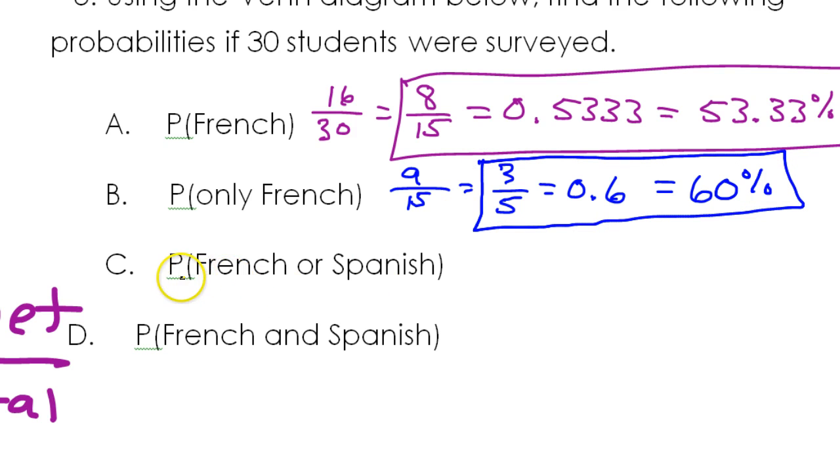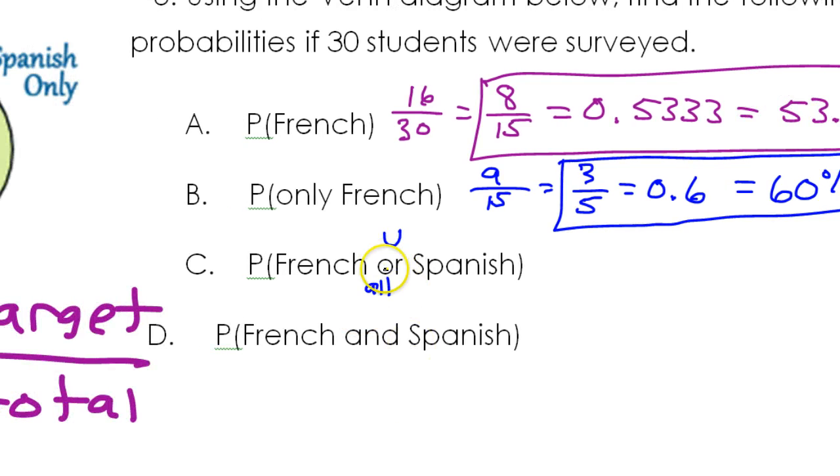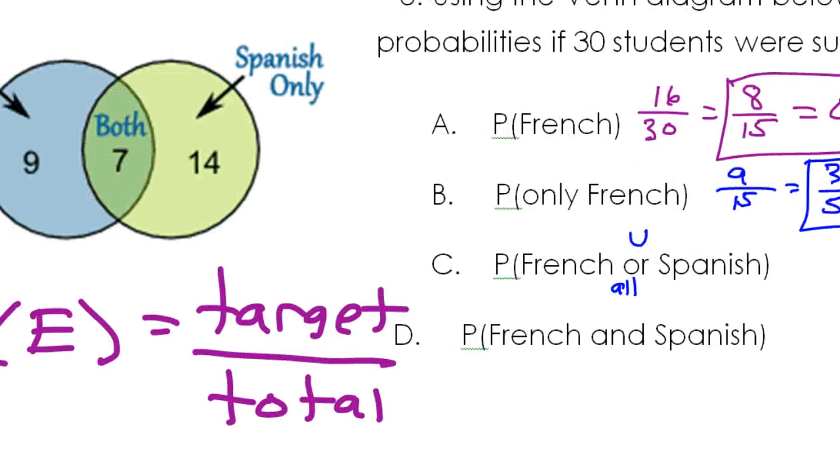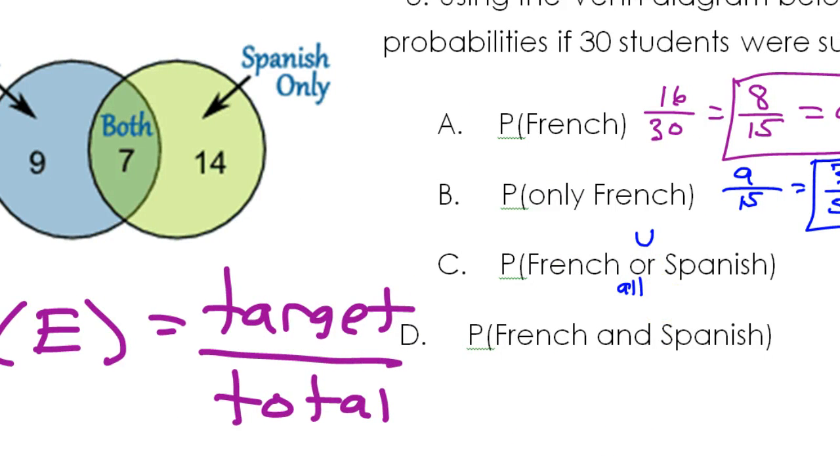Now how about the probability of French or Spanish? There's that word or. It goes along with the union. This is the one where we want all. We add it all up.